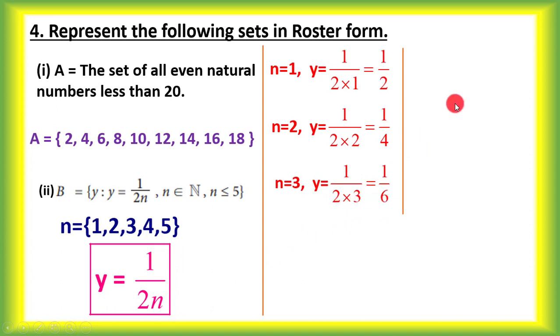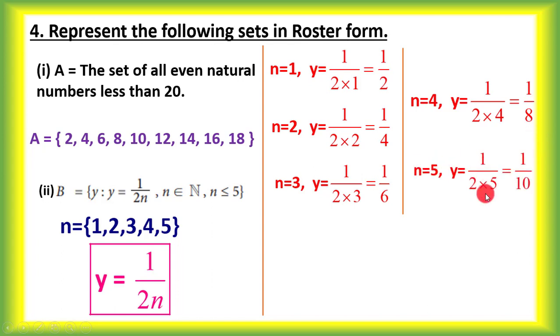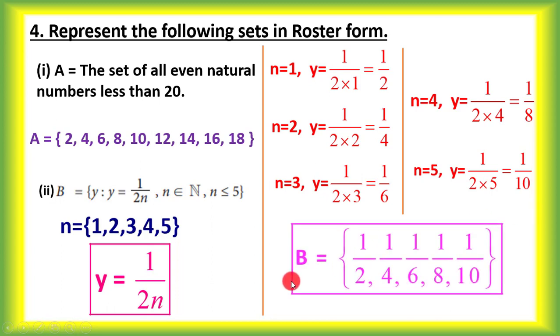N equal to 4, then y is equal to 1 by 2 into 4, so the answer is 1 by 8. If n is equal to 5, y is equal to 1 by 10. Now the set B has 1 by 2, 1 by 4, 1 by 6, 1 by 8 and 1 by 10.